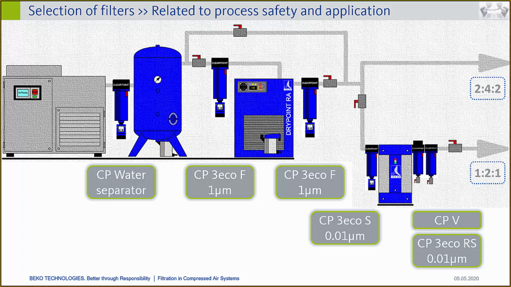And of course, it depends on the focus of the customer, but from our point of view, we will always recommend creating best performance conditions for the treatment system. And of course, we pay for that with an extra pressure drop with each additional filter.